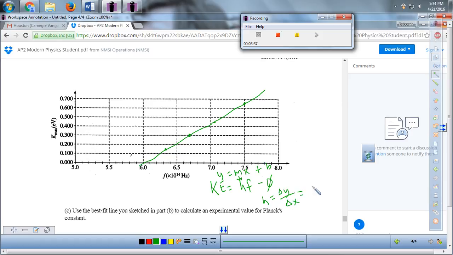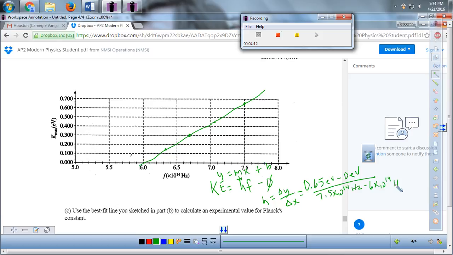Y was my change in the stopping potential, so I used 0.65 eV minus 0 eV. Then I divided that by delta x, which was about 7.5 times 10 to the 14th hertz minus 6 times 10 to the 14th.